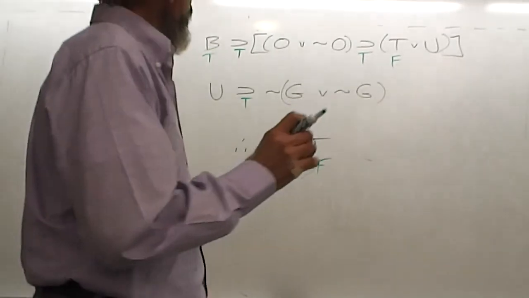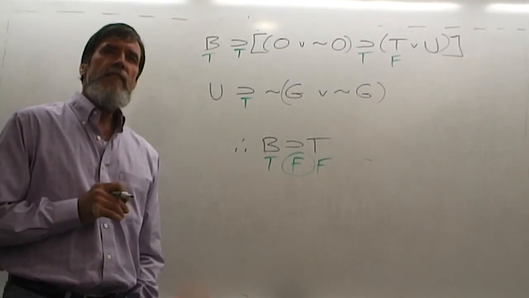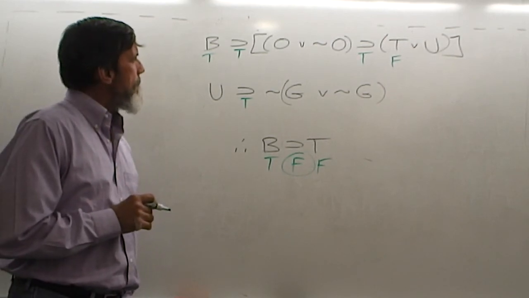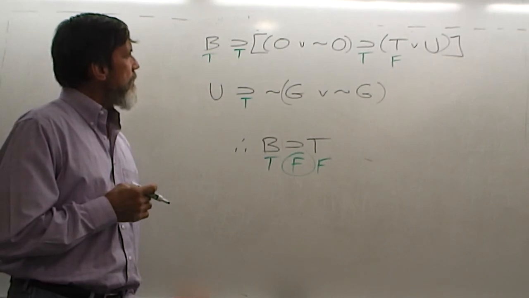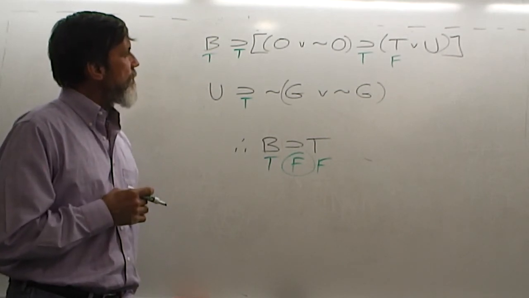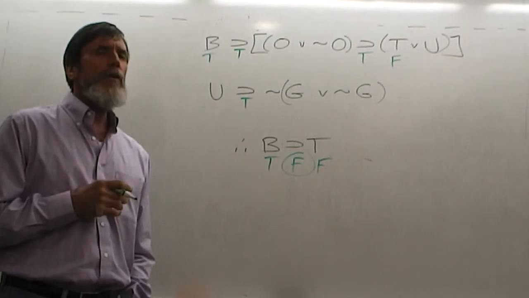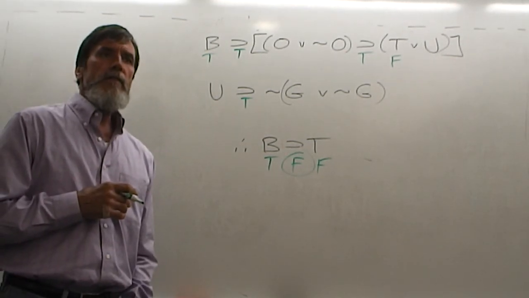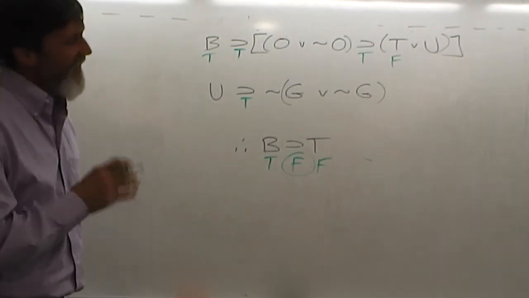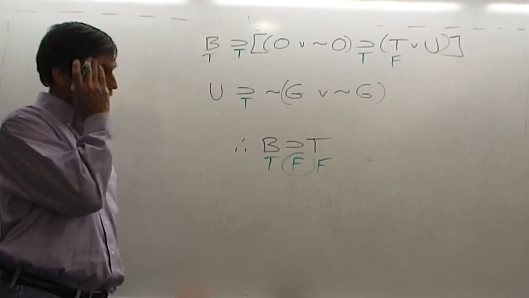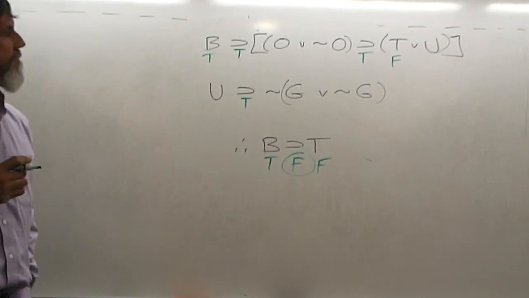Can anybody think of a path of least resistance? We have 2 O's. We have 2 G's. We only have 1 U. Oh, we have 2 U's. Well, I think I see something.